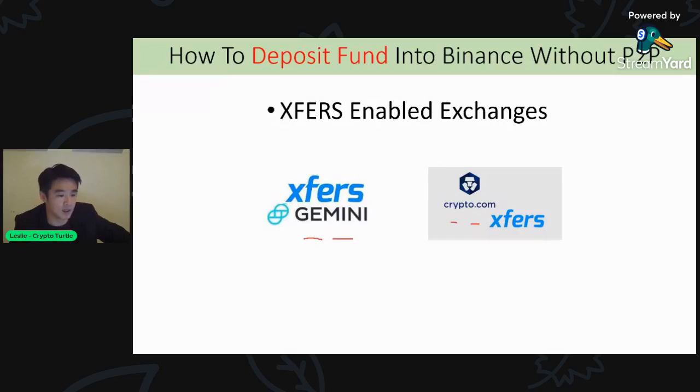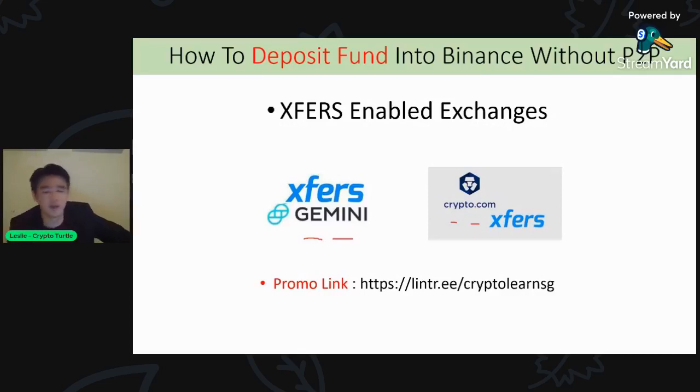Yes, we do have a promo link, but it is not mandatory to use. If you do use it, there are some benefits. For Gemini you get $10 worth of Bitcoin, and for crypto.com, if I remember correctly, it's $25 worth of CRO, their native coin.